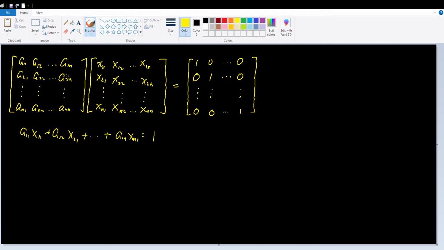We go down to the second row of A and multiply it once again to the first column of matrix X. Second row, first column must equal 0.